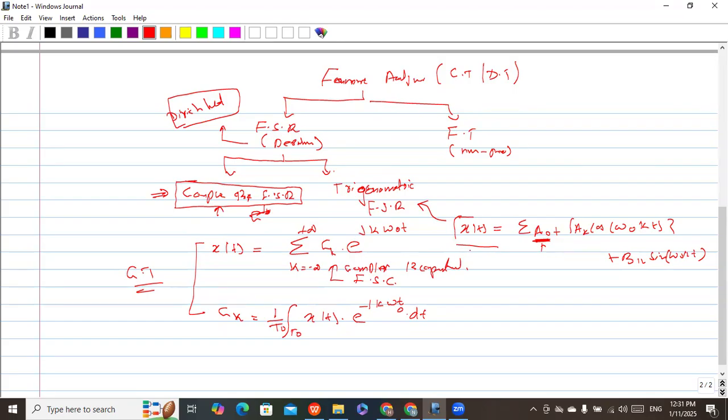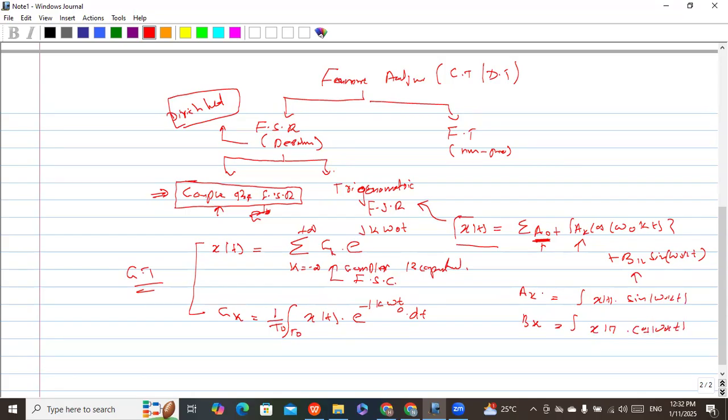In the same manner, these are the trigonometric Fourier series coefficients ak and bk. You can evaluate ak and bk using an integration. As I can remember, x(t) should be multiplied by sin(omega naught kt) for one and cos(omega naught kt) for the other.